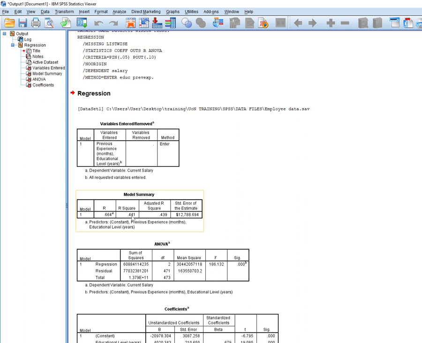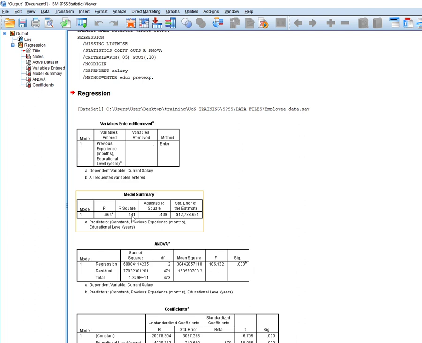What does this mean? We'll say 44% of changes in someone's salary can be explained by their education level and previous experience. The remaining 56% are other factors which are not in our model.